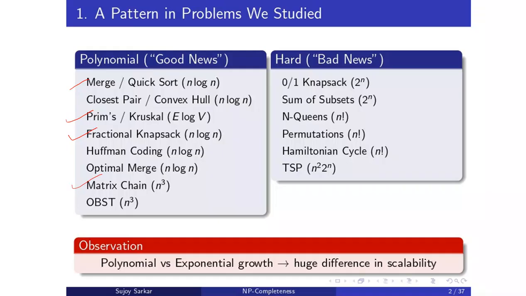On the other hand, there were some problems for which we studied algorithms, but in the worst case the performance is actually exponential, like subset sum, n coin, Hamiltonian cycle, or the traveling salesman problem.